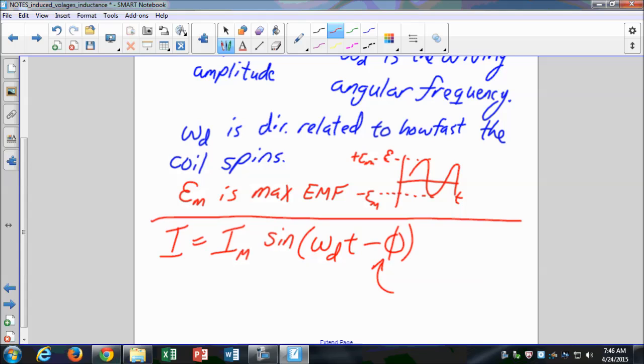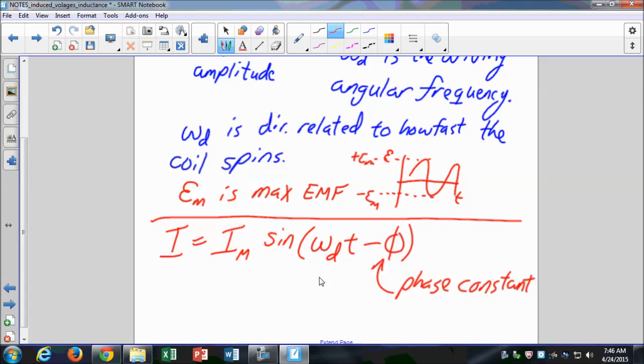This phase constant will be fairly important, and we'll figure out ways to actually calculate it. The phase constant describes how the two waves are related to one another.